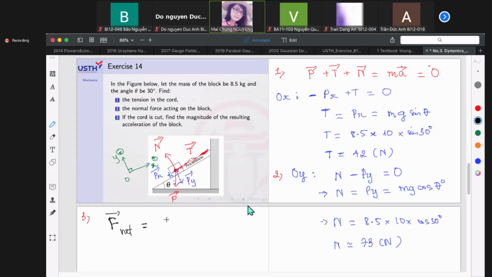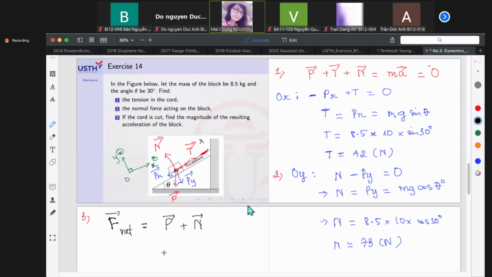That's two: the weight and the normal force. When you cut the cross, that means we have no T. The T we remove. Now we just have two forces, P and N, the weight and the normal force.